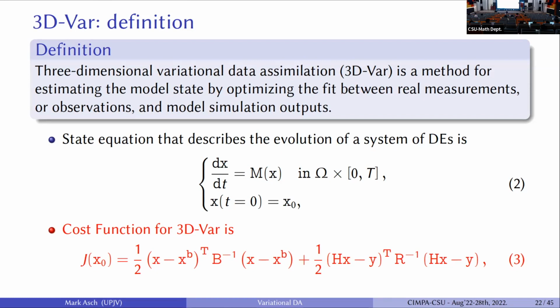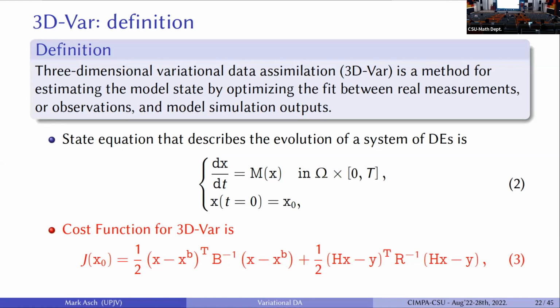We project forward, we stop, we use where we reached as the new condition, but we take into account the fact there's an error here, or R, here also for Hx minus y. H is just the operator that says we don't observe x everywhere, so we should have an operator that takes into account the fact that we have observations at certain points, and this R represents the fact that we might have random errors.